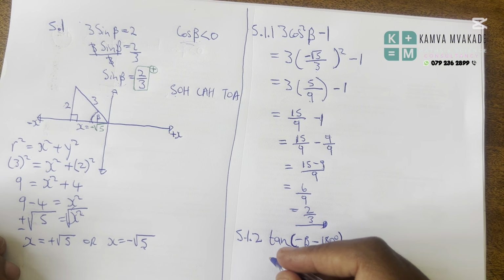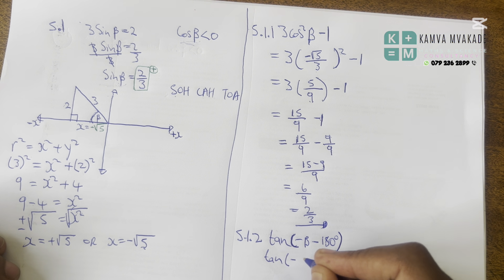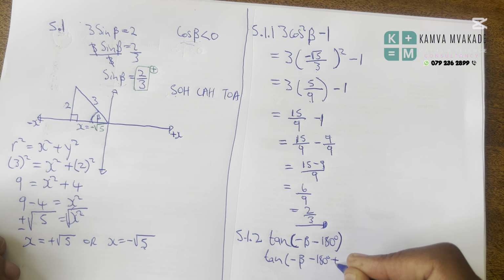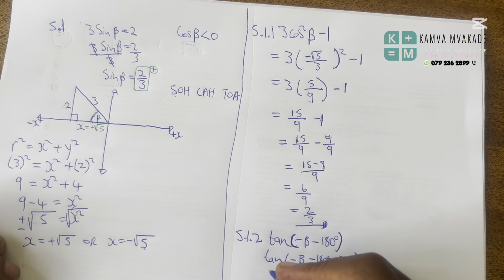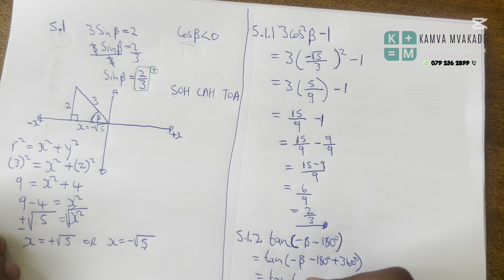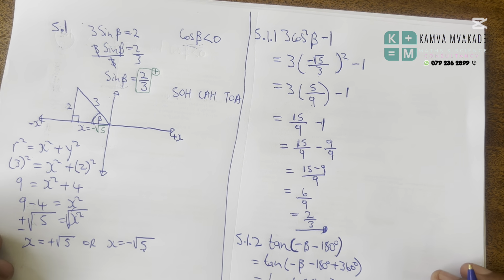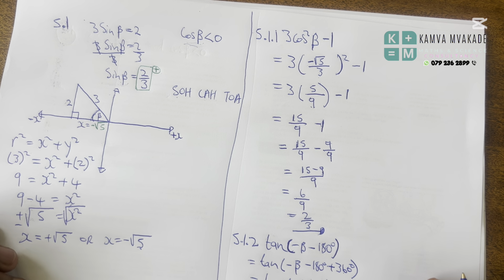So this is going to be tan of negative beta minus 180 degrees plus 360 degrees. This is equal to tan of 360 minus 180, which is 180 degrees, minus beta.